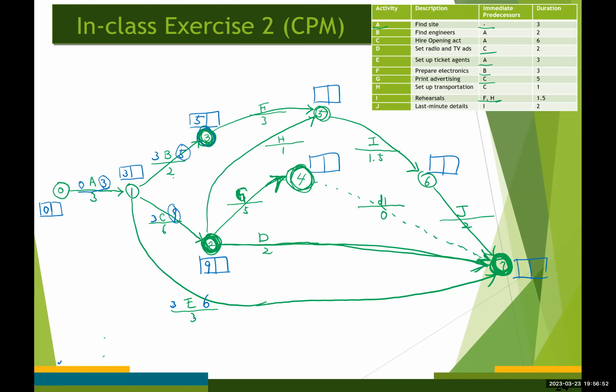And the earliest start time for activity F is going to be 5. And likewise, the early start time for activities H, G, and D, all equal to 9. This is from here, right?